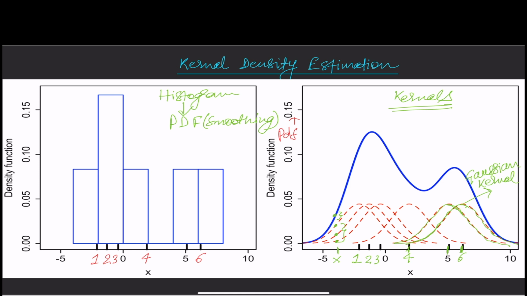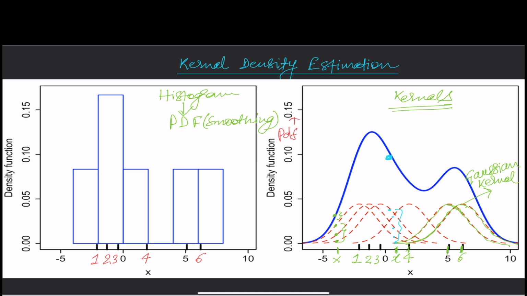Similarly, let's take another point x here. At this point x, I want to find the height of the PDF. What kernels do I have? I have this kernel with this height, this kernel with this height, this kernel with this height, this kernel with this height, and this kernel with this height. If I sum up the heights of all these kernels, I will get a total height somewhere around here.